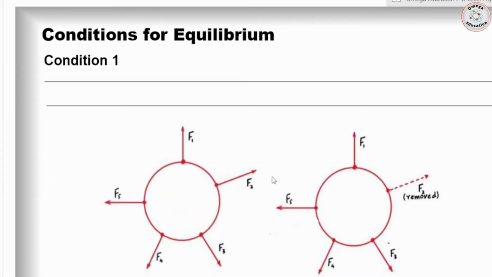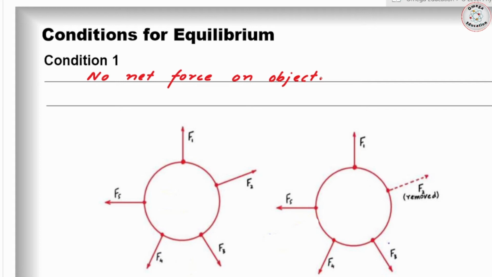So the first condition of equilibrium, once again, was no net force on the object. It doesn't mean that there should be no force acting on the object. There can be forces acting on the object, but the thing is the resultant force or the net force should be zero.